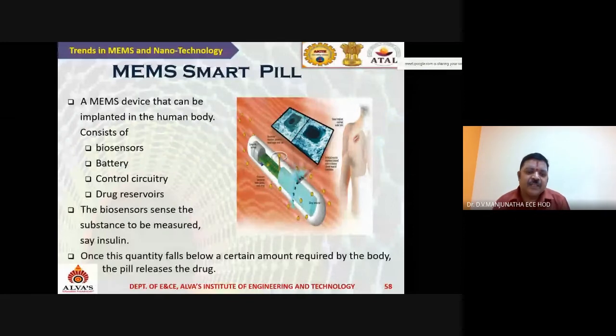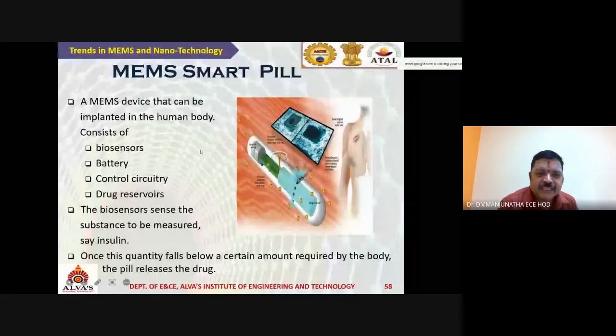Whenever the insulin level reduces in the body, automatically that pill will introduce the medicine, right? So this is how the drug delivery system in the medical area has entered the MEMS smart pill, right?